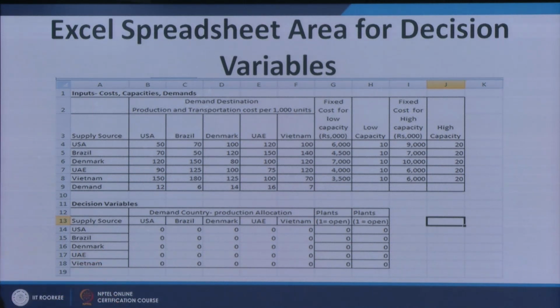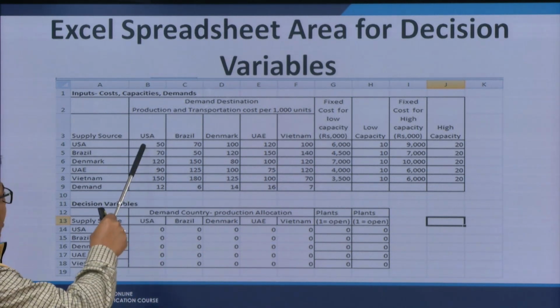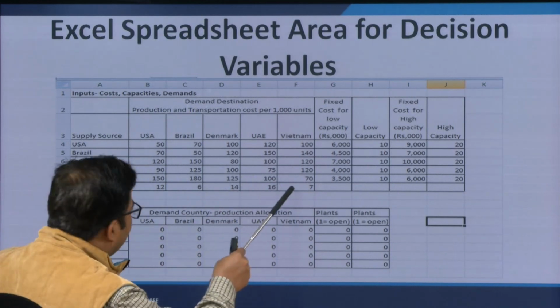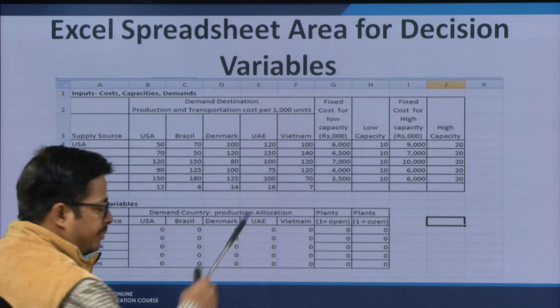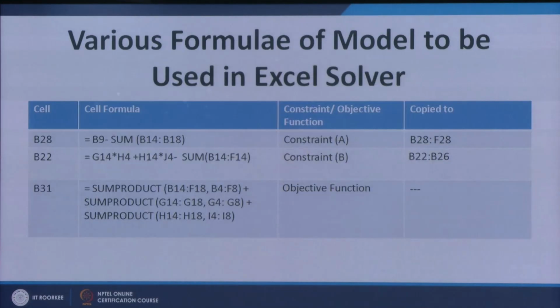So, that cost will be the respective multiplication from cell B14 to cell F18 with cell B4 to cell F8, and that is what we are going to write in the objective function.